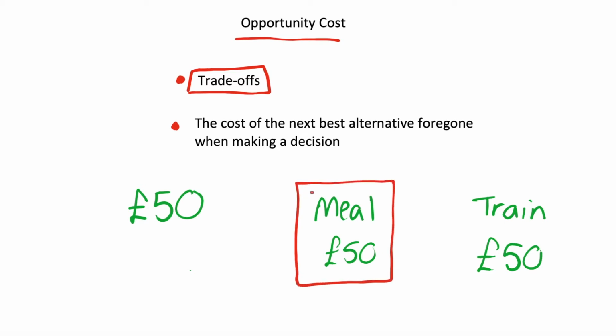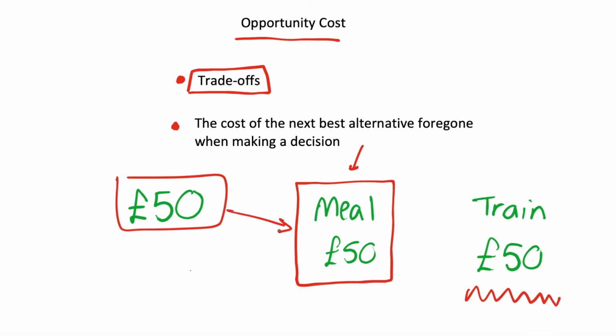We get a Domino's pizza, loads of sides, a pretty expensive meal for 50 quid. And so we've chosen our meal. Then the cost of the next best alternative foregone is just going to be this train journey, because we had £50, we spent our whole £50 on this meal, which means we have nothing left to spend on this train journey. So this has been foregone.